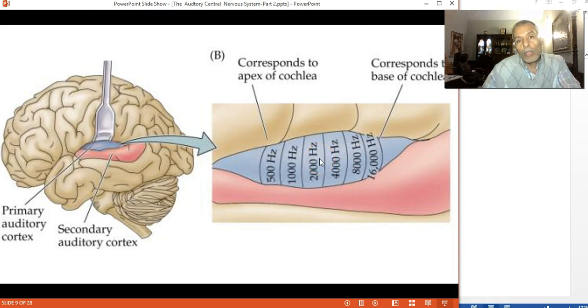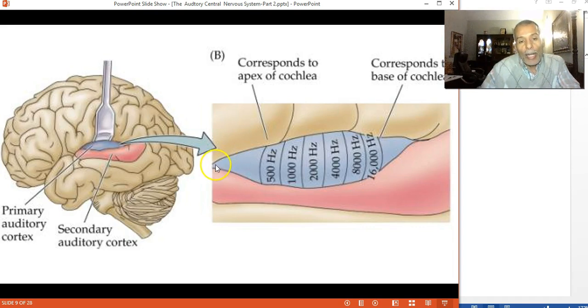And also it's called area A1. From the anterior, from the frontal part of it to the back of it, so this is anterior, this is caudal or posterior. If you go from front to back systematically, you are going to find that every little segment of it is going to be specialized in a particular set of frequencies.